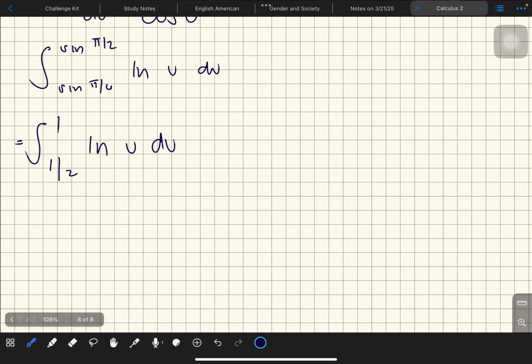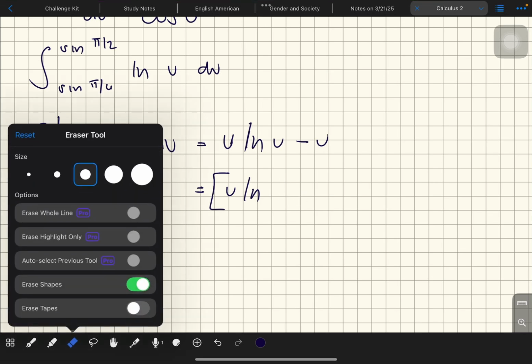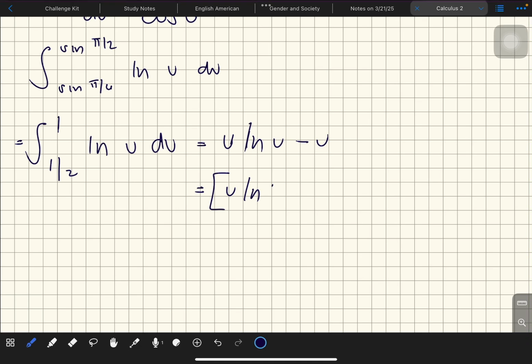So now integral of ln u du is equal to u ln u minus u. Sorry, mali. So it is u ln u minus u, with the boundaries of 1/2 and 1.